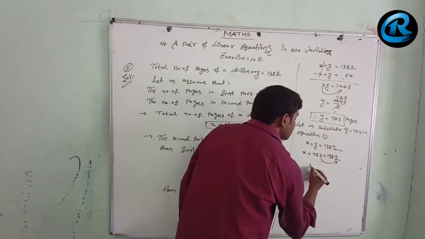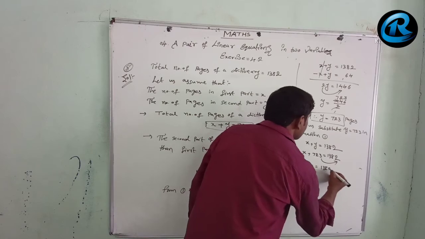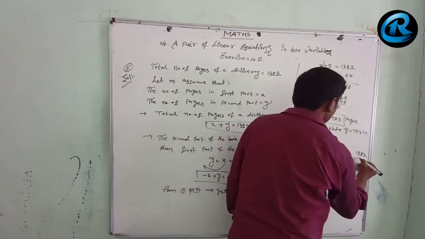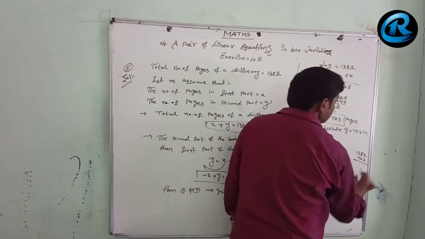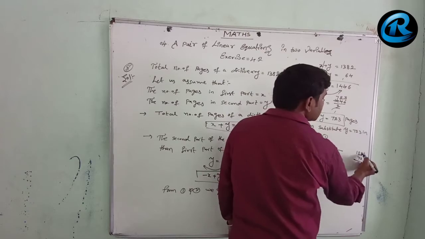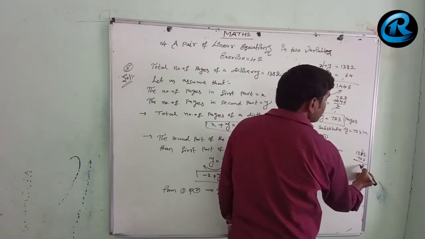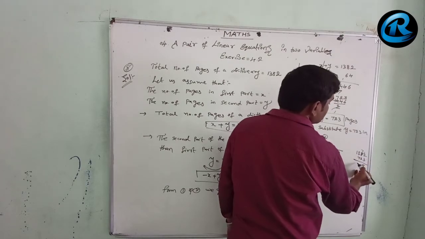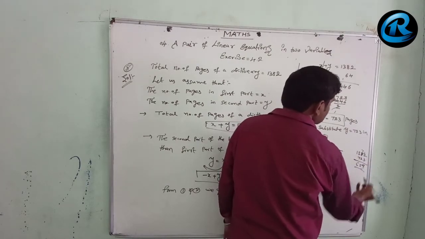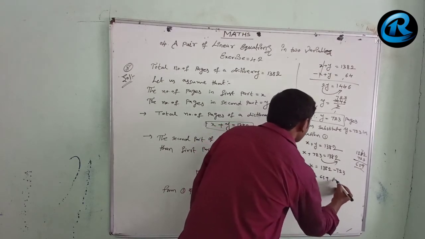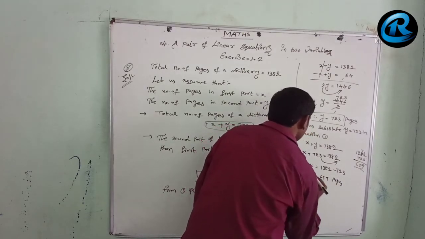This you transfer the side, 1382 minus 723. Here 12 minus 3 is 9. Here 7 minus 2 is 5. So here 13 minus 7 is 6. x equal to 659 pages.